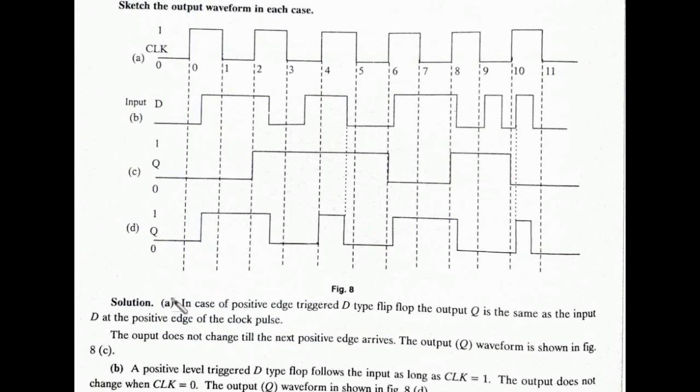For each case we have to sketch. Now in case of A, in the positive edge triggered D flip-flop, the output Q is the same as input D at the positive edge of the clock pulse. The output does not change till the next positive edge arrives. The output Q waveform is shown in the figure.